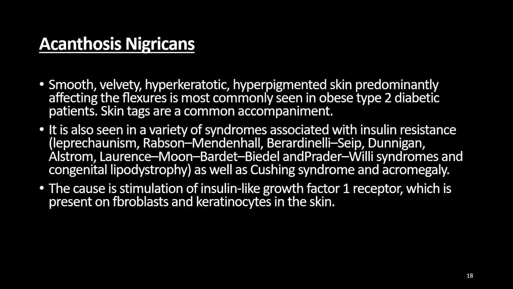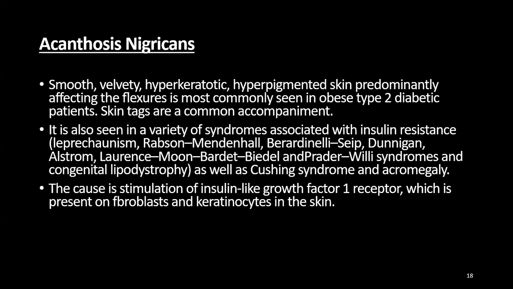Acanthosis nigricans is also seen in certain syndromes which are associated with insulin resistance, like leprechaunism, Rabson-Mendenhall syndrome, then other syndromes which include Prader-Willi syndrome and congenital lipodystrophy, as well as Cushing syndrome and acromegaly.